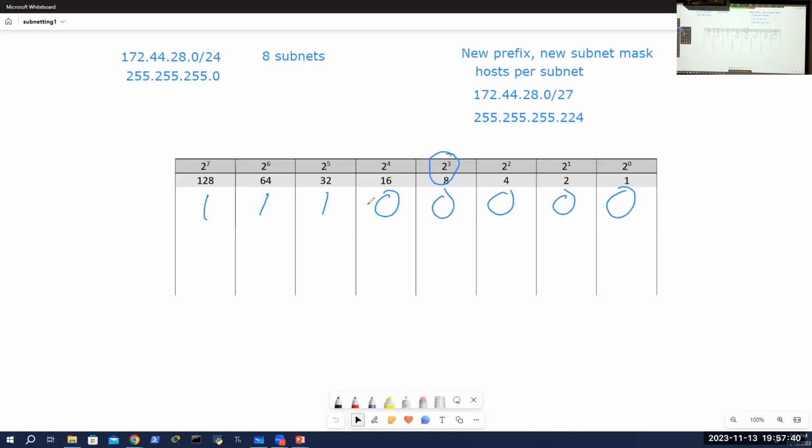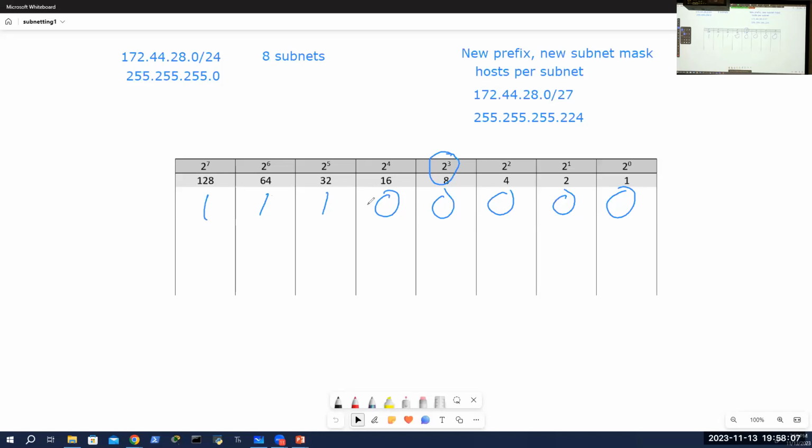There's 5 host bits. But remember, Jerry, you have to subtract 2 always. So 2 to the 5th is 32, so that part is correct. But for the number of hosts, which means where we could actually assign an address, we need to subtract the network ID and the broadcast. So that gives us 30.